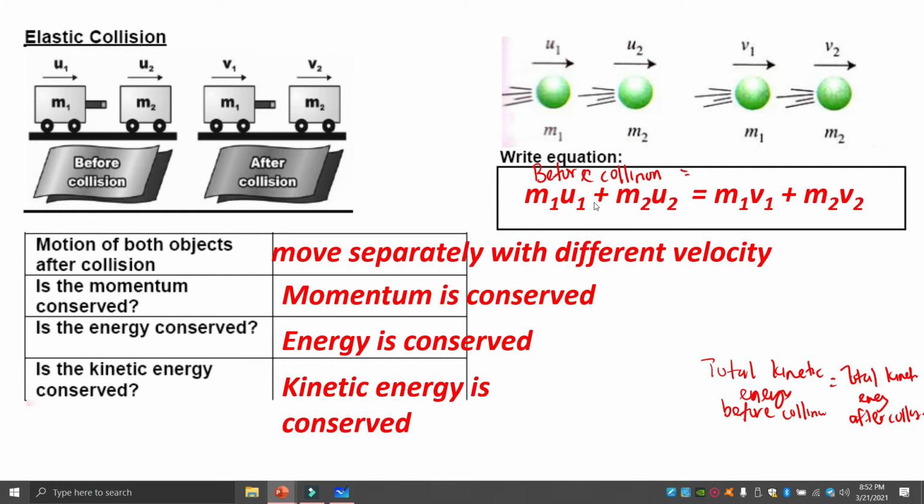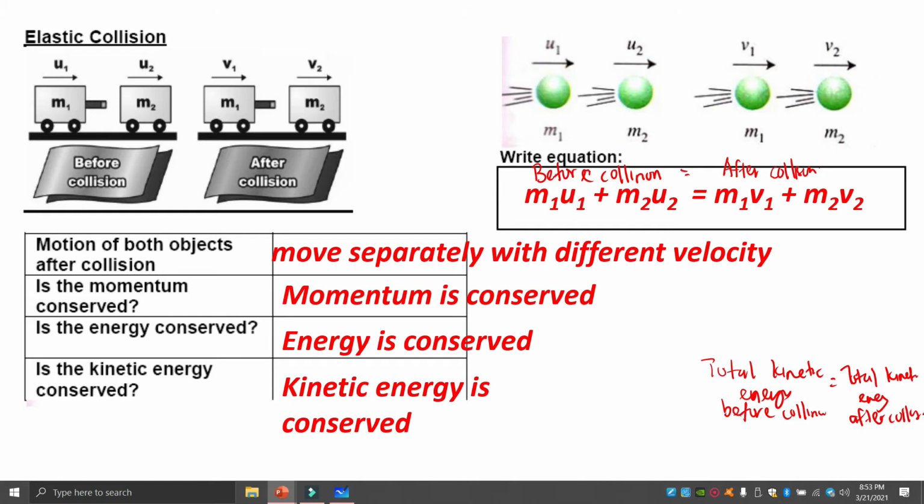Then after it collides, this is the momentum after it collides. After collision, of course the mass will not change, but the velocity is changed, so we use V. V is the final velocity, after the collision.